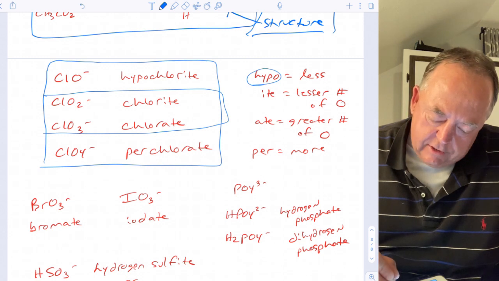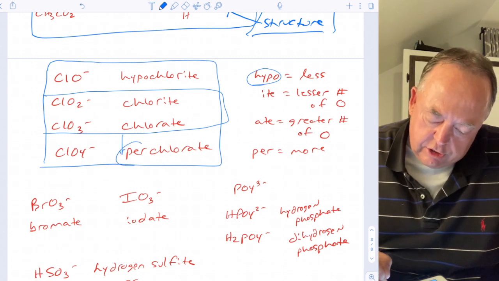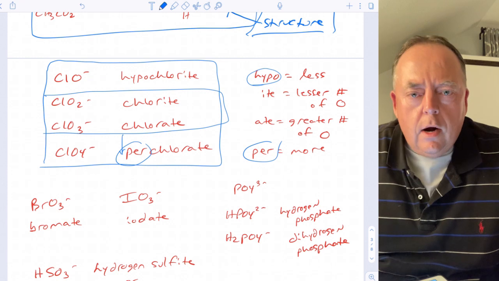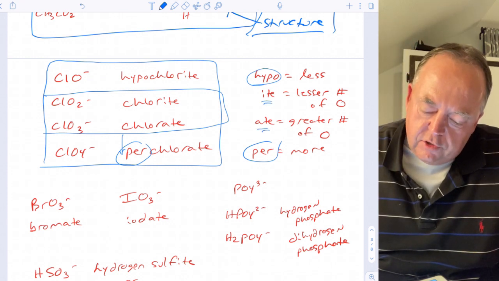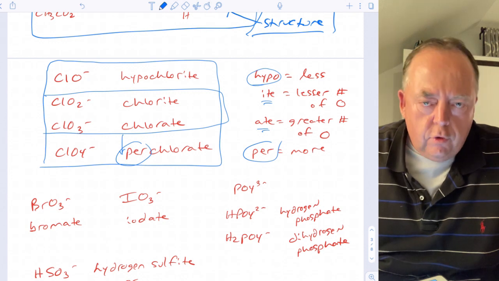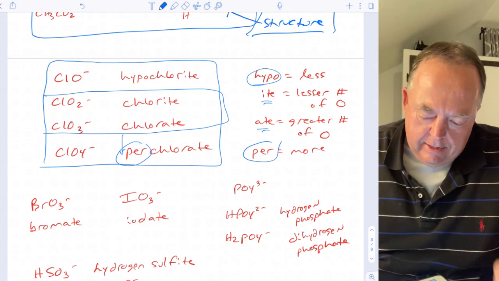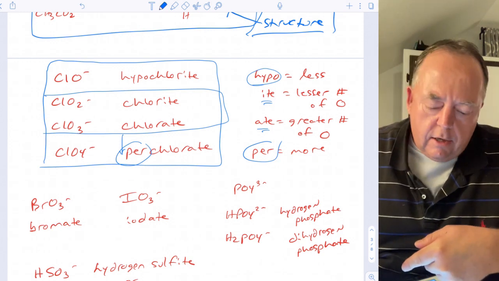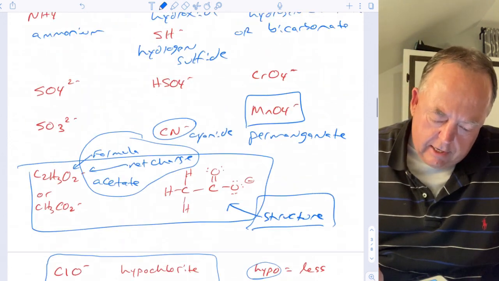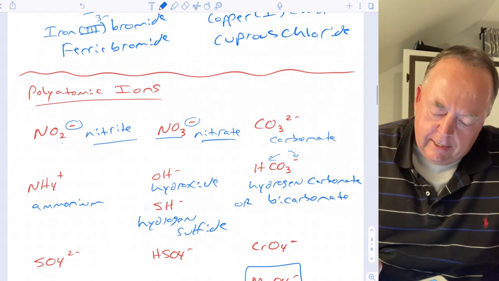Or if you go the opposite way, if you add an extra oxygen, then per means you have more oxygens. And it's the same with ite and ate. So ite is for lesser numbers of oxygen, and ate is for greater numbers of oxygens. And then hypo would be even fewer oxygens, and per would be even more oxygens. So we saw that here with nitrite and nitrate.